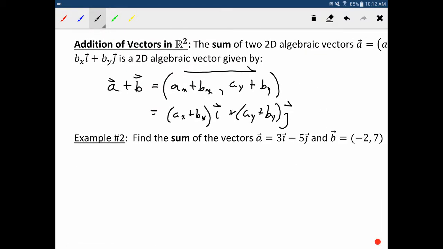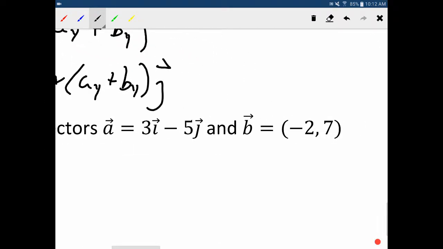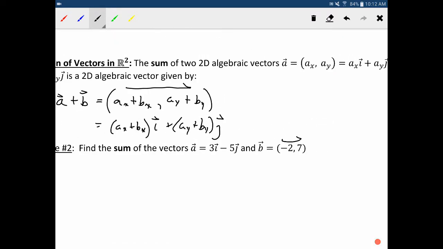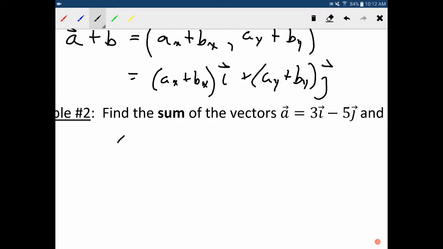3i minus 5j, and b, which is negative 2i plus 7j. I've just given it to you in two different notations, but it's fairly straightforward. So maybe we'll start by saying that a could be written as (3, negative 5).